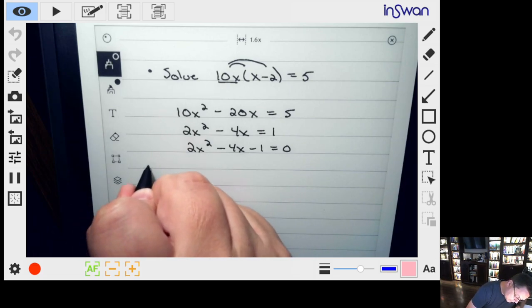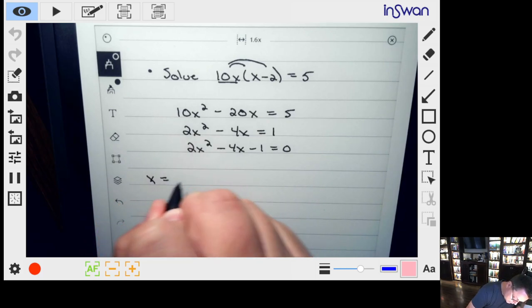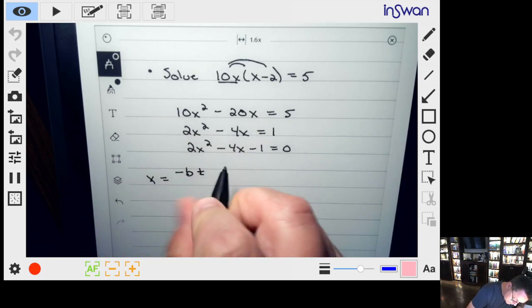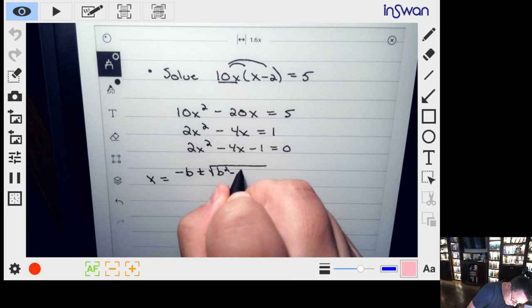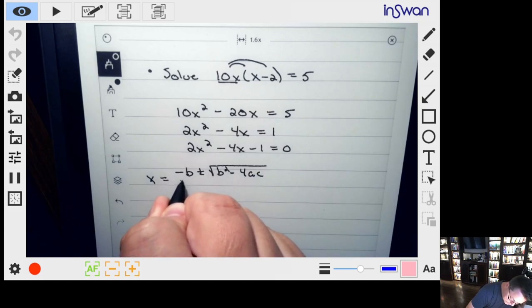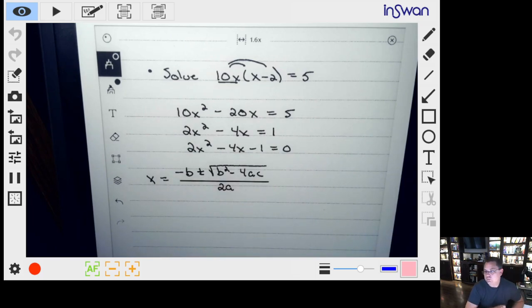The quadratic formula is, since we're using the variable x, x equals negative b plus or minus the square root of b squared minus 4ac, all over 2a. Okay, what is a, b, and c?